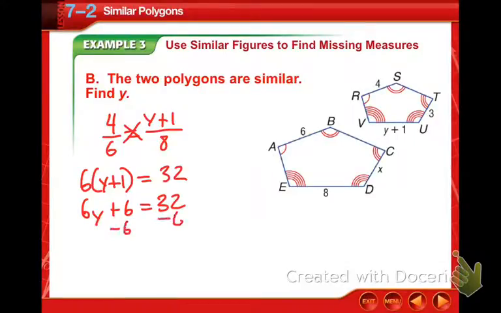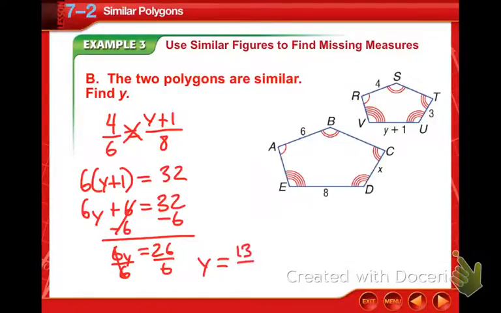Subtract 6 from both sides. 6y is equal to 26, and we divide by 6, and y is equal to, we can just leave this as a fraction, 13/3, or 4.33 repeating.